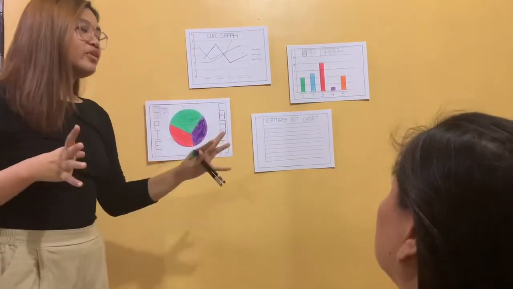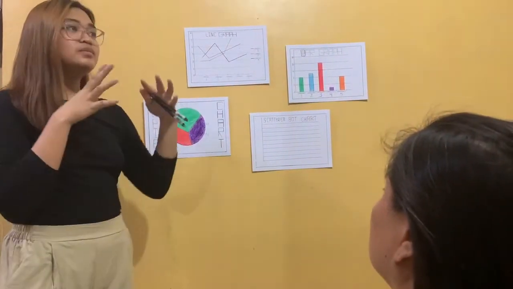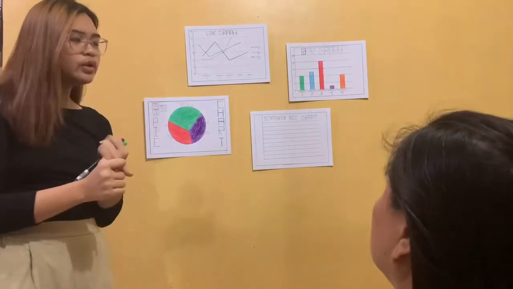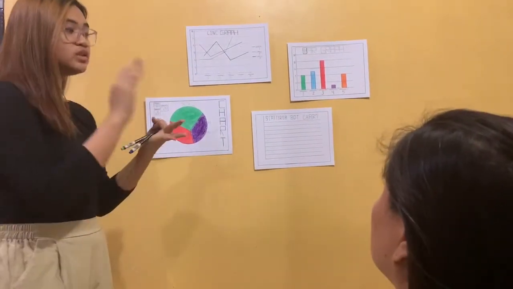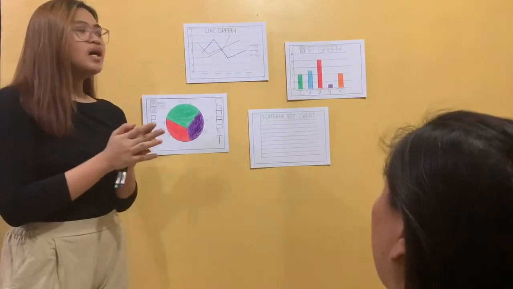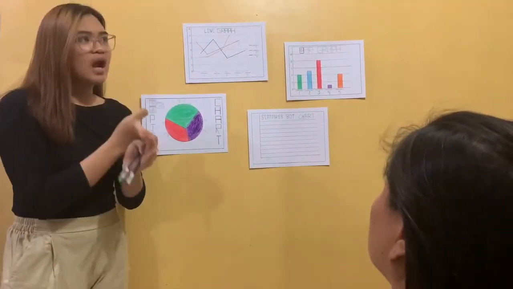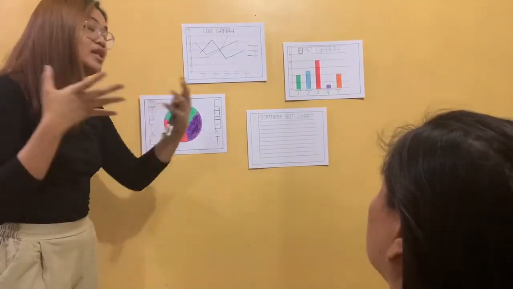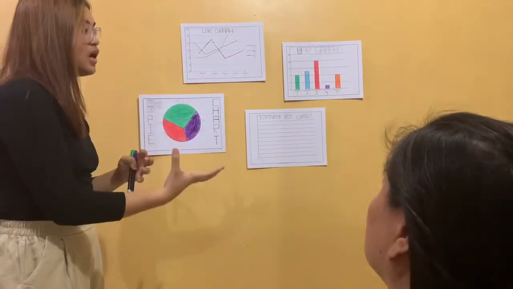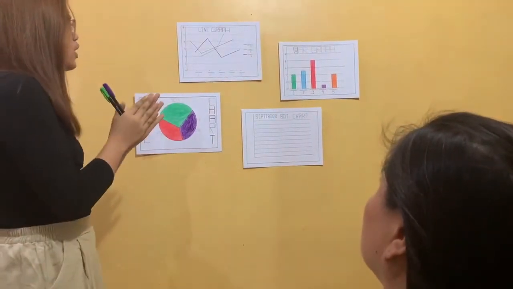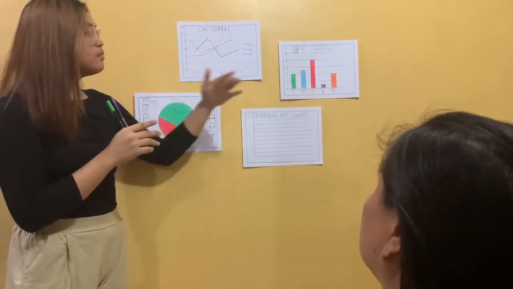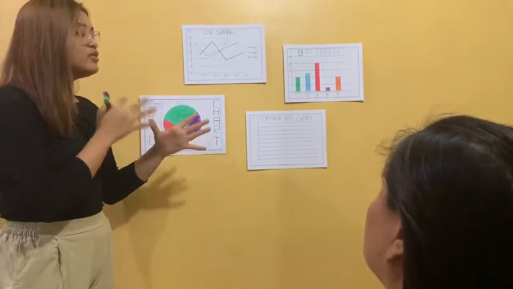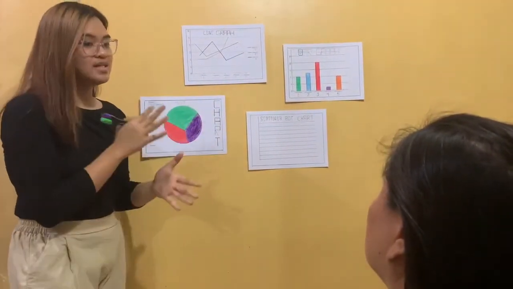There are several kinds of graphs. We have the columns, bubbles, structured columns, but there are three specific graphs that we most commonly see among the statistical results. The first one is the line graph, then the bar graph, and the pie chart, and these three are the main focus of our discussion today.